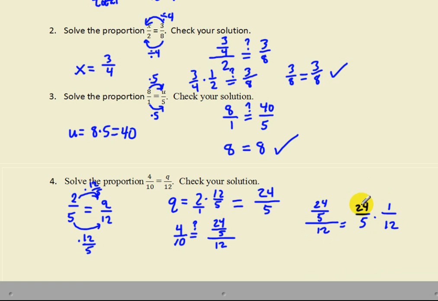And here we can do some simplifying, because 12 goes into 12 once, 12 goes into 24 twice, and we get 2 over 5. So then we have 4 over 10. Does that equal 2 over 5? Yes, indeed it does, because we can simplify that 4 over 10 just like we did at the beginning. 2 over 5 is equal to 2 over 5, and our solution checks.